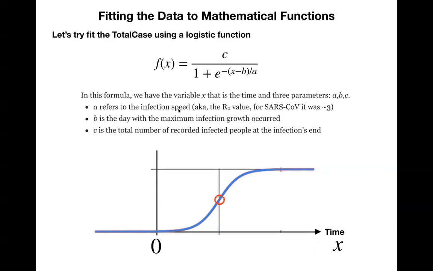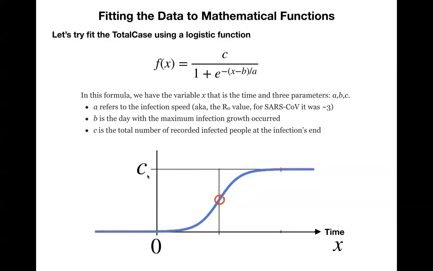In a pandemic crisis, it's also known as the R0 value. Some of you might have heard of it. For SARS, it was about 3. So the physical meaning is that one patient, on average, can get 3 other healthy people infected. So that's the a value.